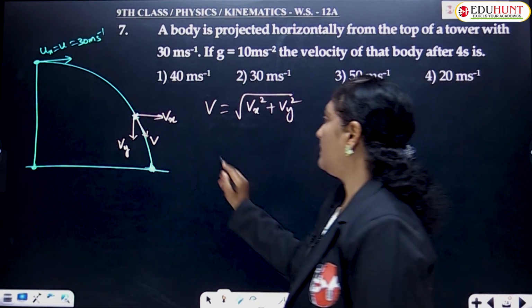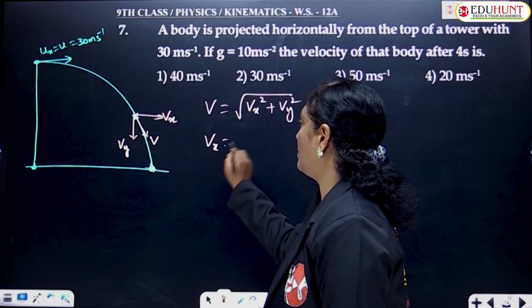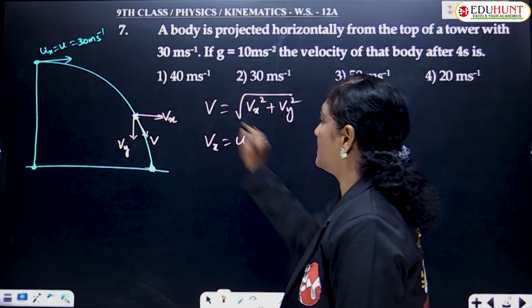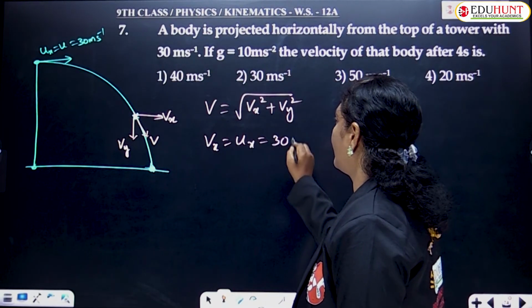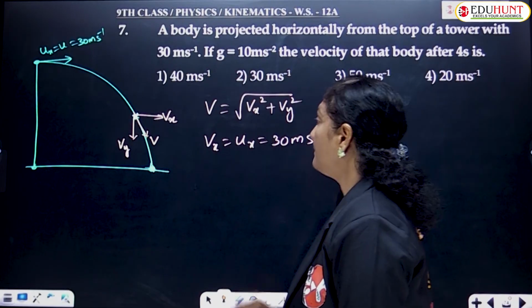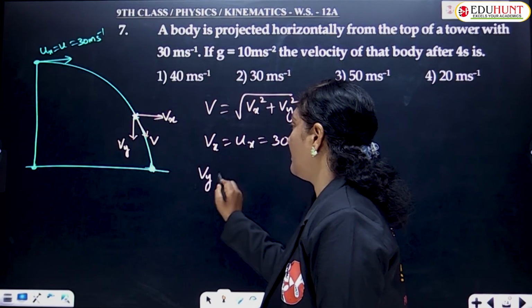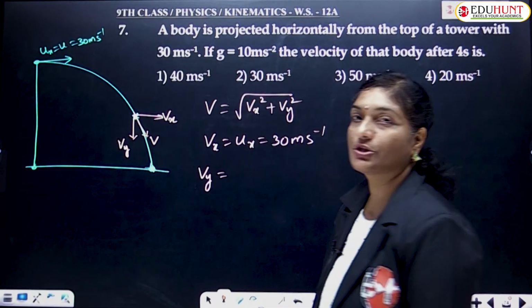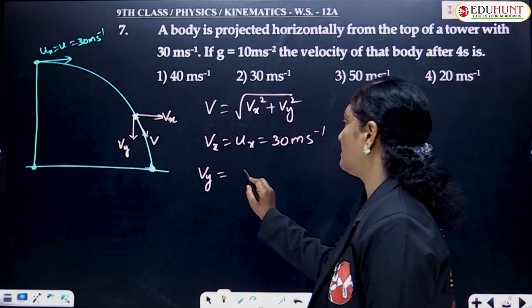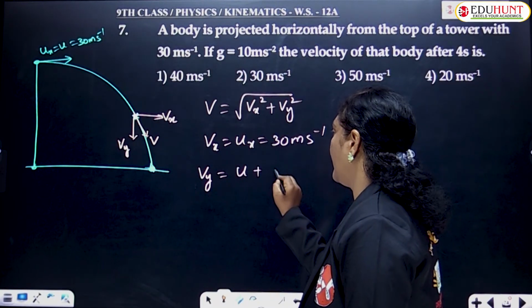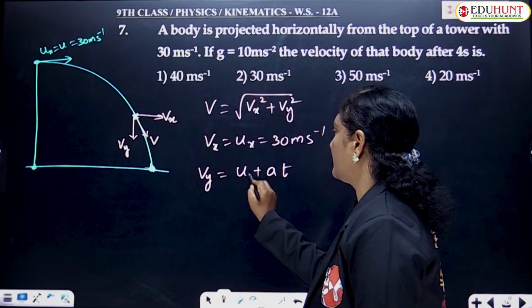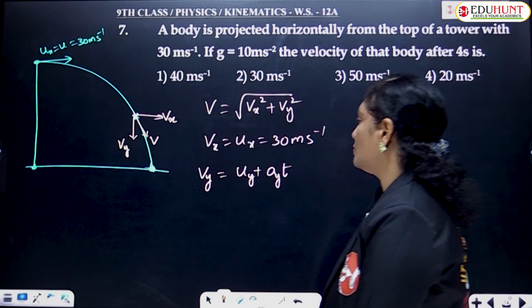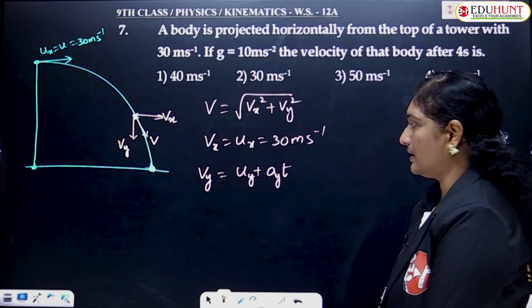The value of Vx always remains constant, the horizontal velocity, and its value is 30 meters per second. But coming to the vertical velocity, we know that v equals u plus at. Along the vertical direction, it is given as Uy plus Ay into t.